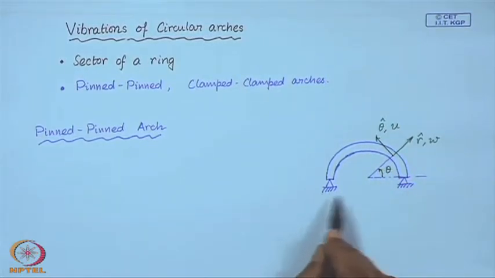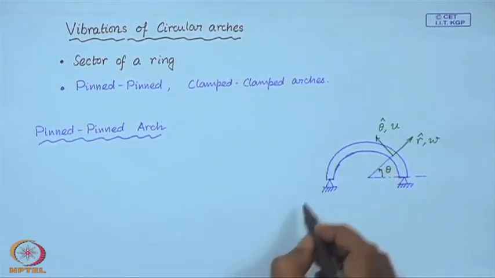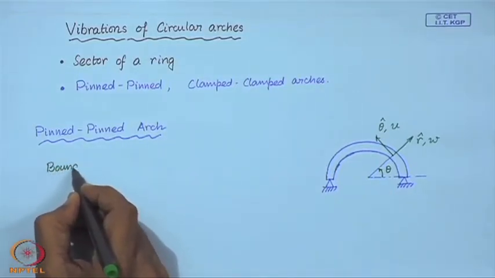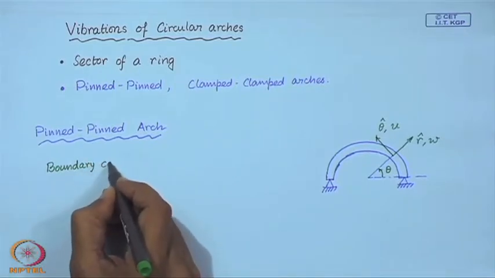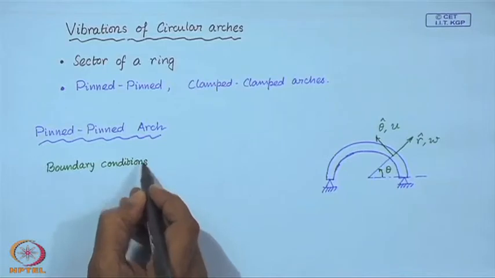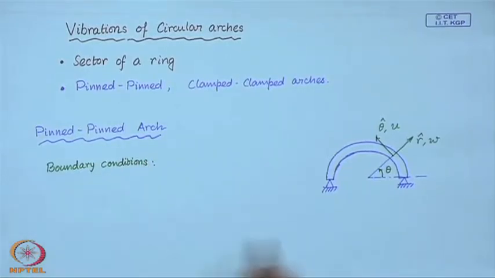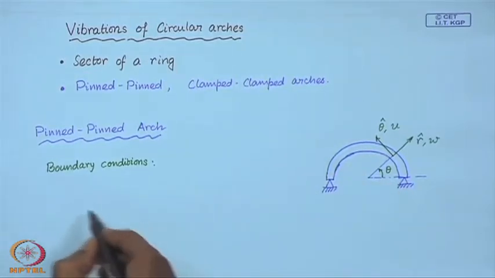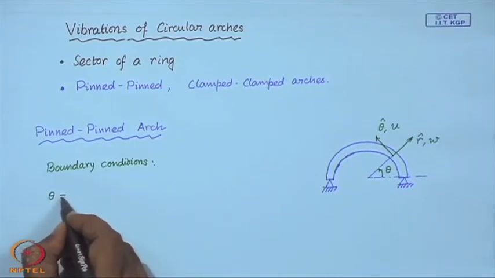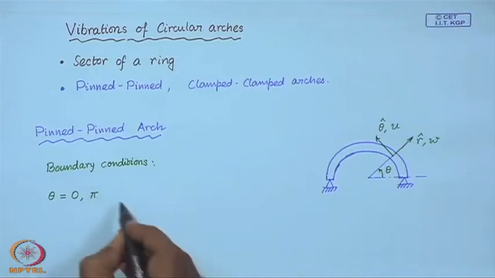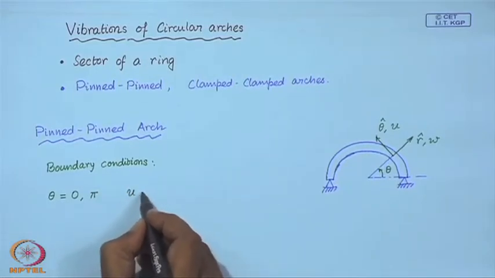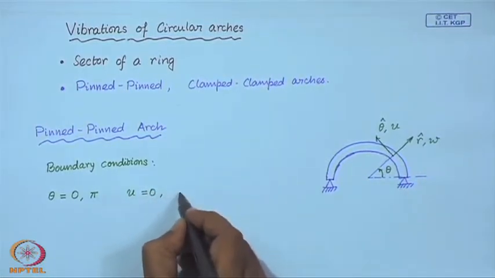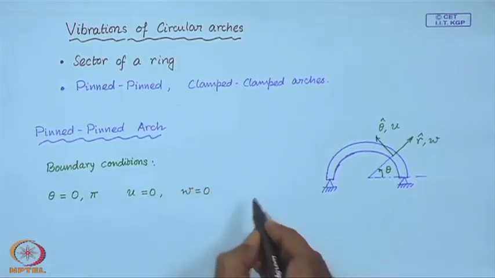So, this is a schematic representation of a pinned semicircular arch. Now, the boundary conditions: if you look back on the discussions we had on the boundary conditions of the curved beams, then at theta equal to 0 and theta equal to pi, we must have u equal to 0, which is the circumferential motion, and w equal to 0, and we also must have zero moment.